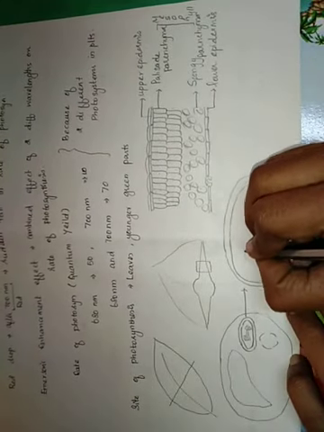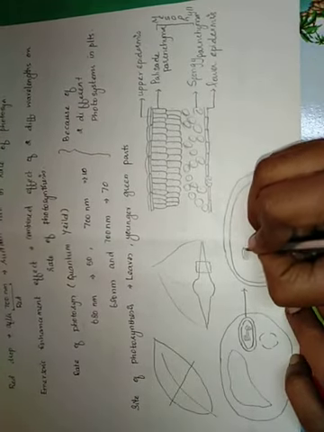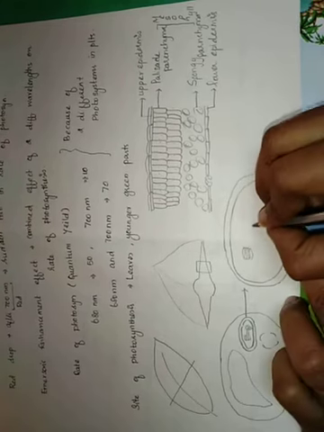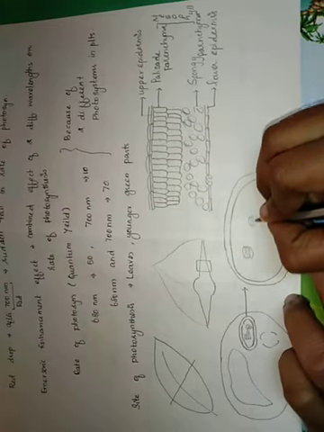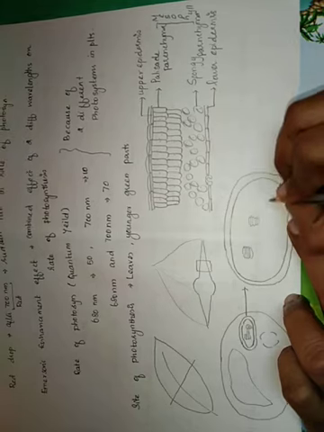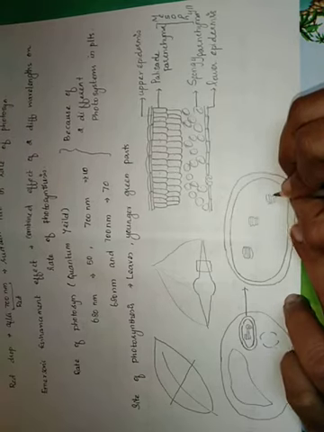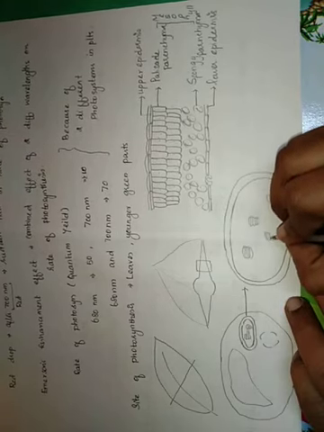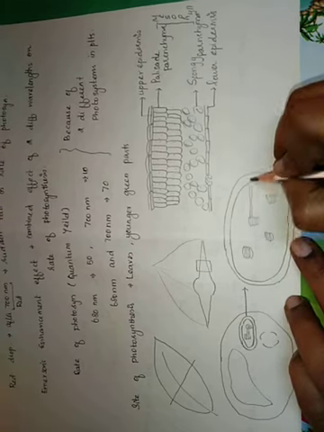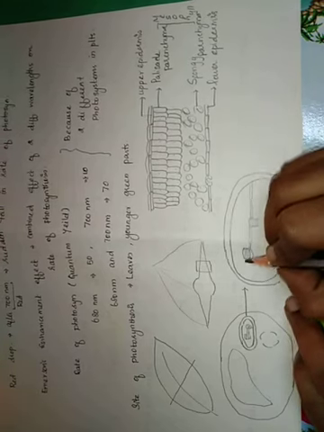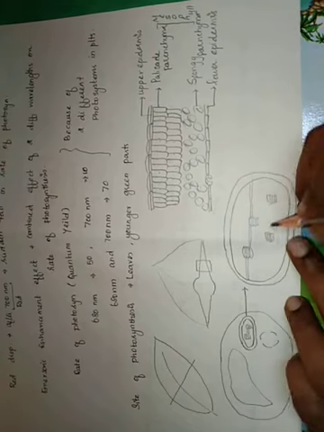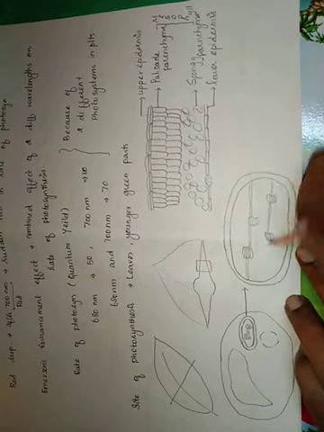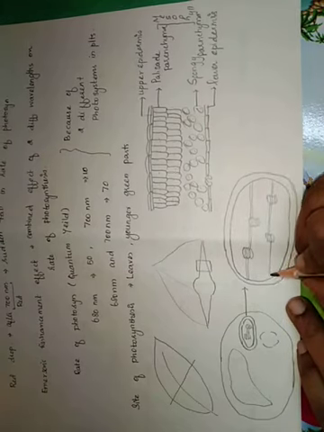So these are going to be stacks of thylakoids that are arranged one above the other, and each stack you call a granum, and grana would be interconnected, as well as connected to the inner membrane of the chloroplast with the help of stroma lamellae.